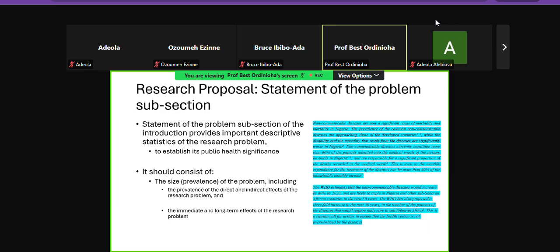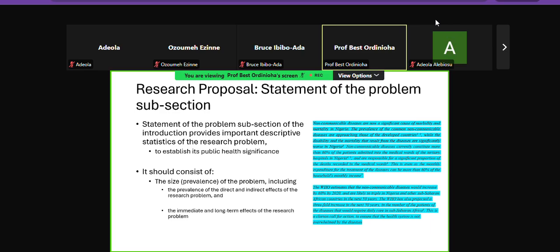And not only that, you have to also tell us the consequences of the research problem. And these consequences will include both immediate and long-term, both direct and indirect.